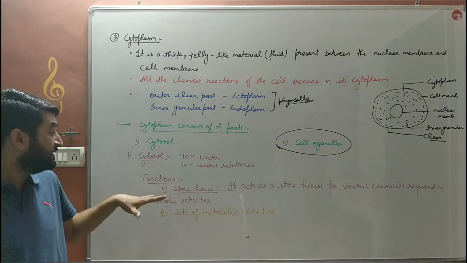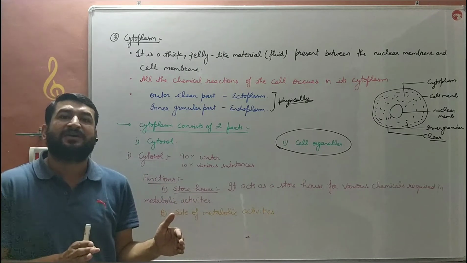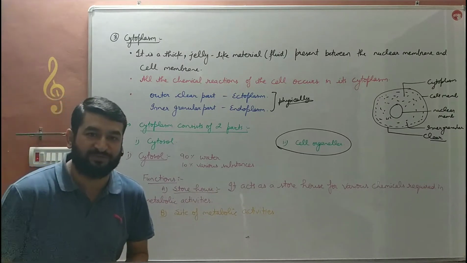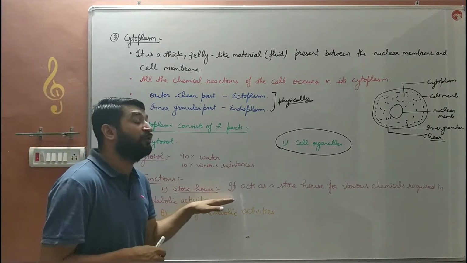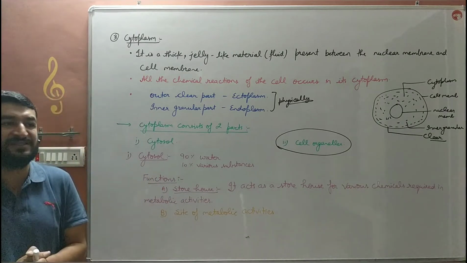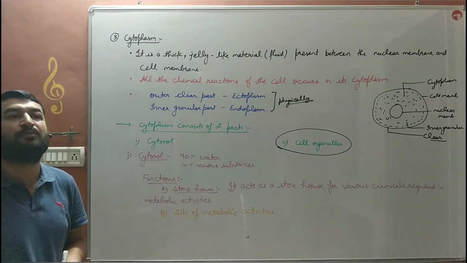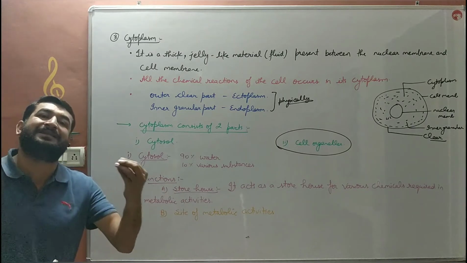Likewise, the cytosol is a storehouse. It stores certain materials which are required at a particular time for metabolic activities. So it acts as a storehouse for various chemical compounds which are essential for metabolism inside the cell.